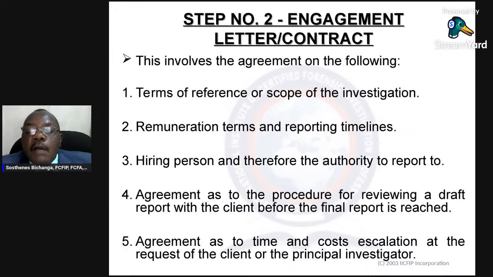If that work was not covered within the scope of the engagement as per the contract, then they will not have any case. But if the investigation team did not carry out all the tasks, or did not cover the scope outlined in the engagement contract, then they can be in for it. So it protects both the client and the investigation team.